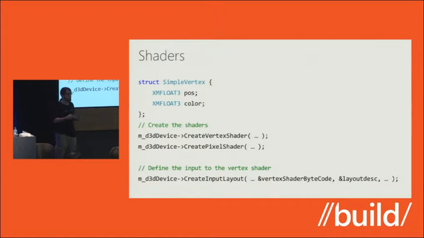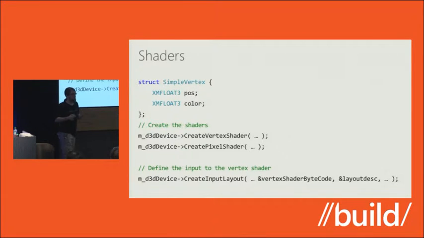What I'm not showing you here, but I have in the bottom with the create input layout call, is that you're going to define a structure called the layout description that says there's a structure that has 3 floating point numbers that represent XYZ position, and then 3 floating point numbers that represent XYZ color. And that goes in the layout description. And then to actually create the vertex and pixel shaders, you're going to use these API calls.